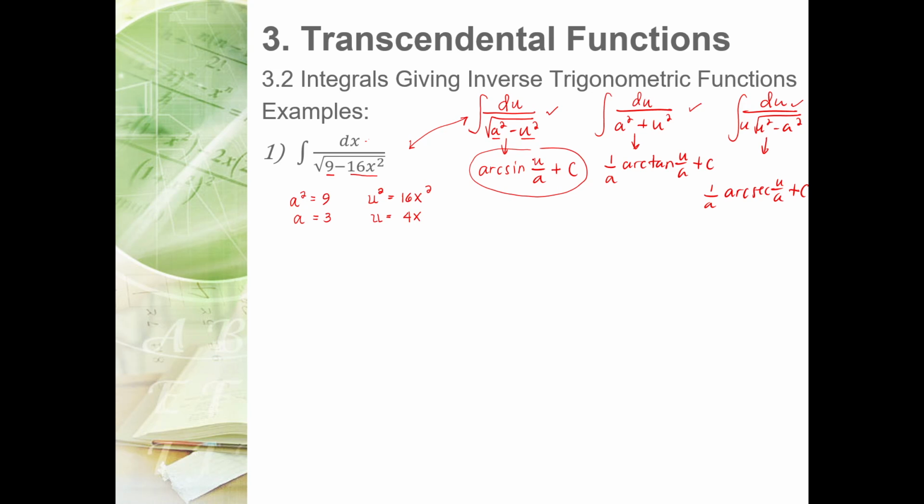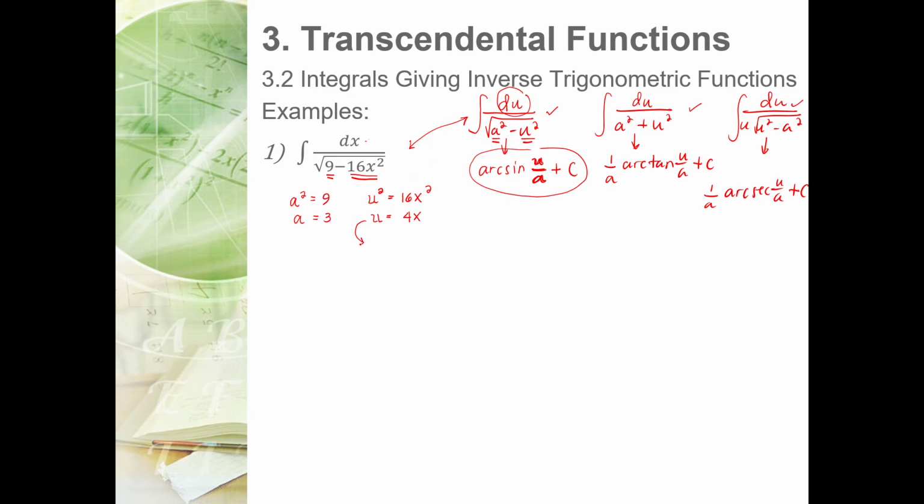The purpose of getting the square root of a squared and u squared is because the answer for your inverse trig functions has u over a. So we now replaced your 9 with a squared and your 16x squared with u squared, which is the same as the formula. What's left is to determine your du.